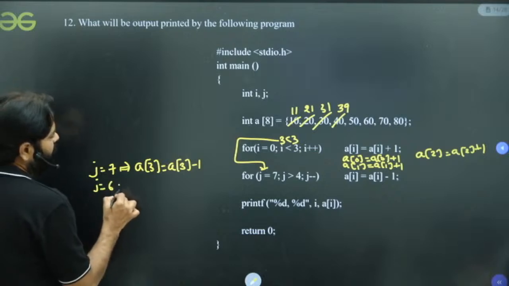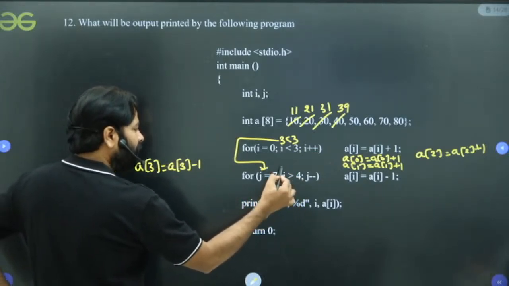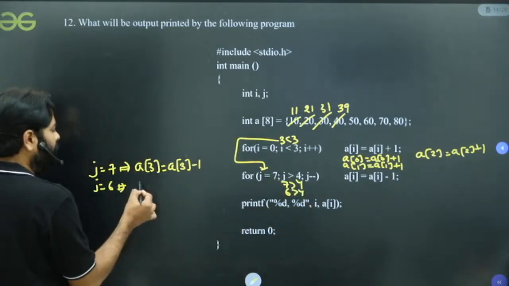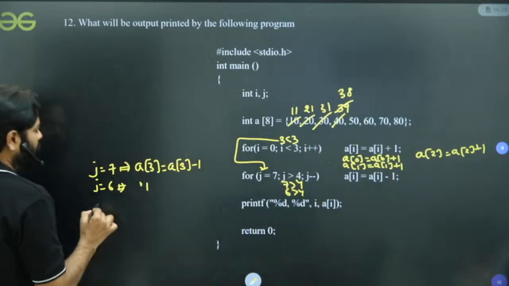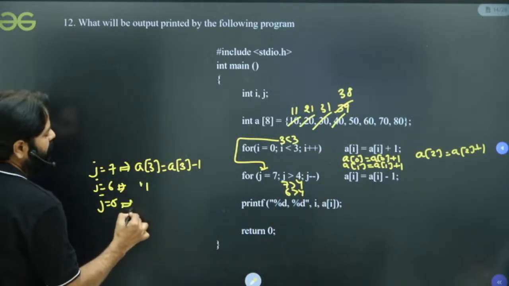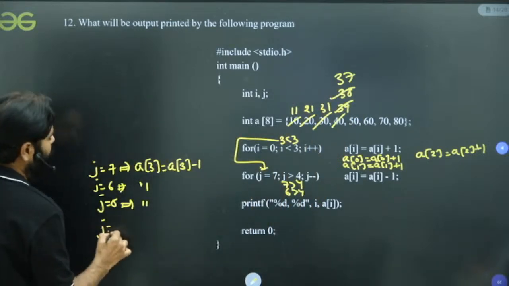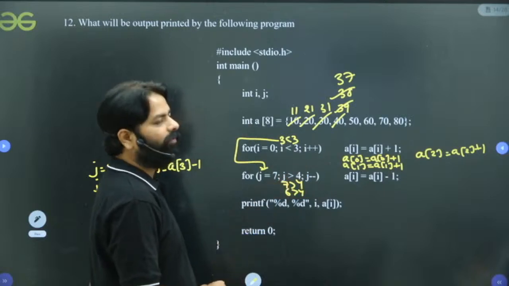j is equal to 6 because you are decrementing the value. And 7 is greater than 4. And again 6 is also greater than 4. At the same time, again it happens. One more time decrement. And j is equal to 5. Again decrement happens, 37. When j is equal to 4, 4 greater than 4 fails.